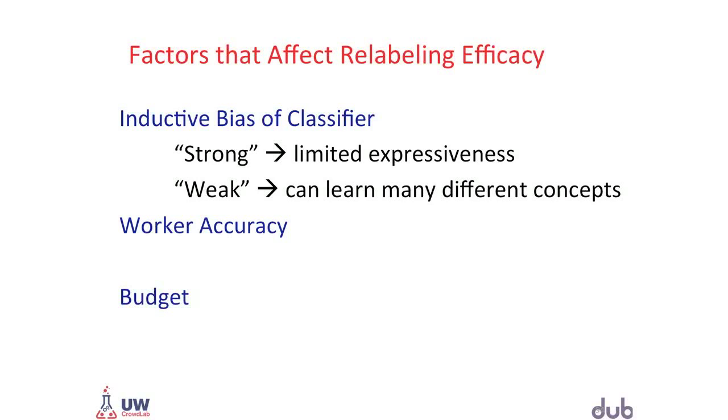The most interesting one is inductive bias. The basic idea is if you've got a strong inductive bias, then you've got very limited expressiveness. And in that case, unilabeling turns out to often be the best strategy. Or maybe you've got a really weak inductive bias, so you've got a classifier which is very, very expressive or a very high dimensional feature space.